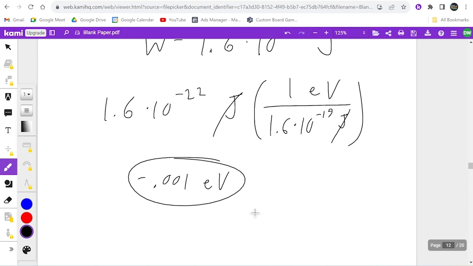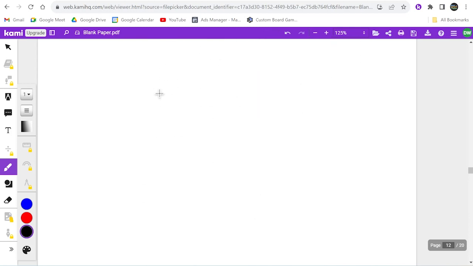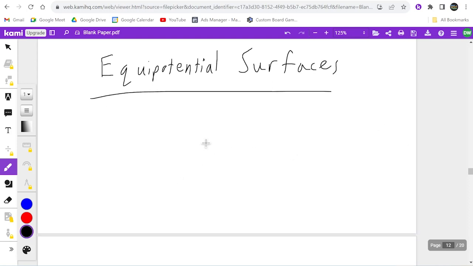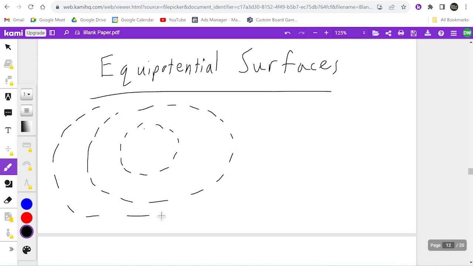And then the last question we have of tonight is for equipotential surfaces. I think you covered this. Maybe you don't remember. But these are the things that look like this. I'm going to draw a series of concentric circles in dotted lines. Kind of looks like an egg. And each of these means something different.